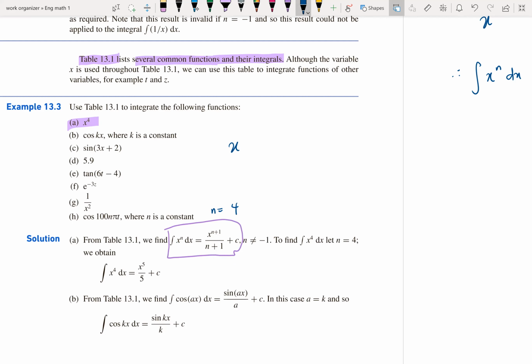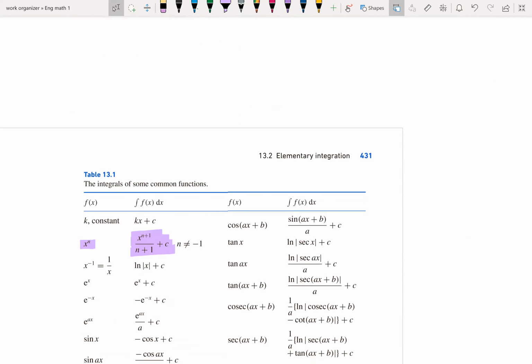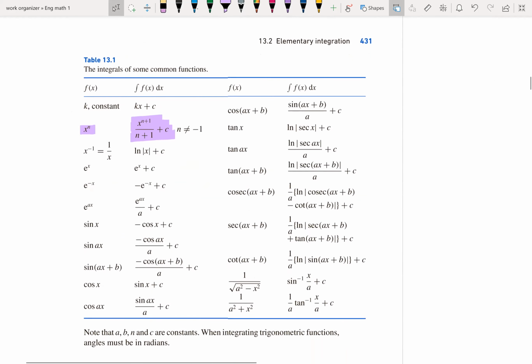So x to the power of 4 plus 1 is 5, and then over 4 plus 1, also 5, so that's it. And then don't forget plus c. Just use this table for simplicity, and don't forget about c. You can see here everything has c at the end, only one c.